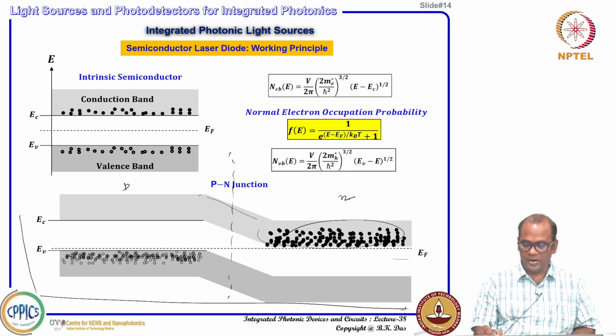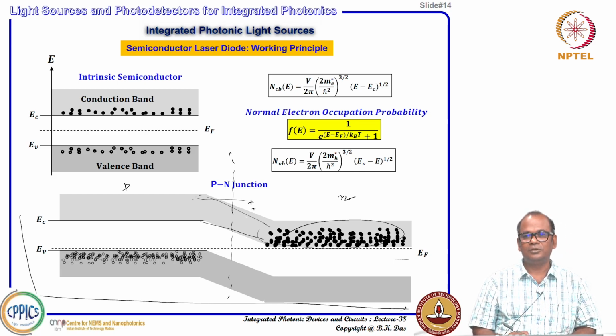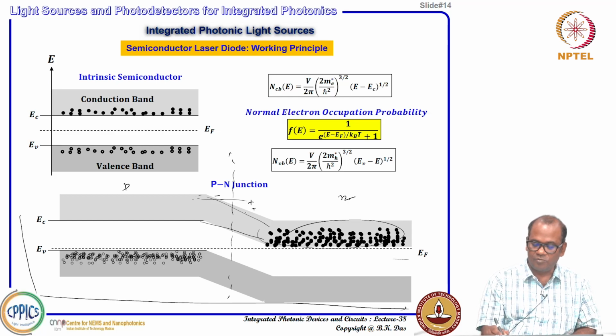This type of bending happens because when an electron moves to this side, on this side you will get some kind of plus, immobile atoms, and on this side a negative sign, because once electrons move from this side to this side, then what happens?